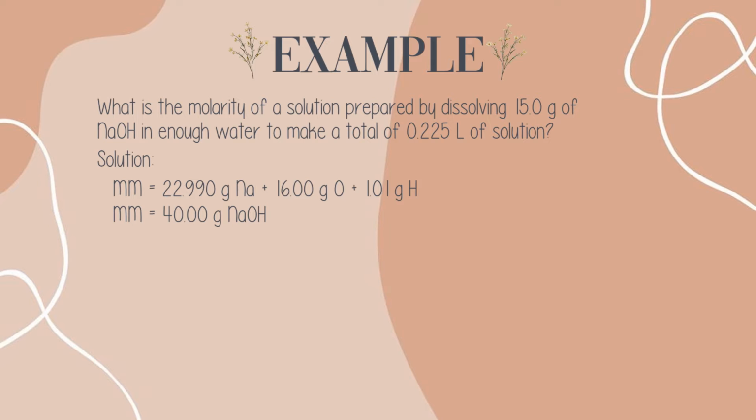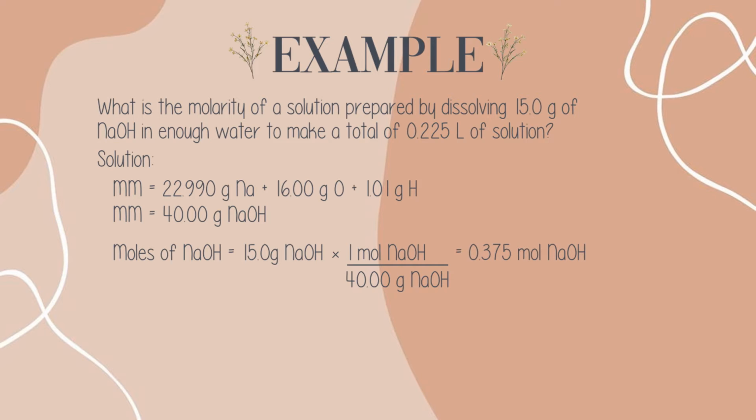Now we use this in the formula of mass to mole, which is 15.0 grams of sodium hydroxide divided by the molar mass, which is 40 grams, and then we multiply it by 1 mole, which is equal to 0.375 mole of sodium hydroxide.